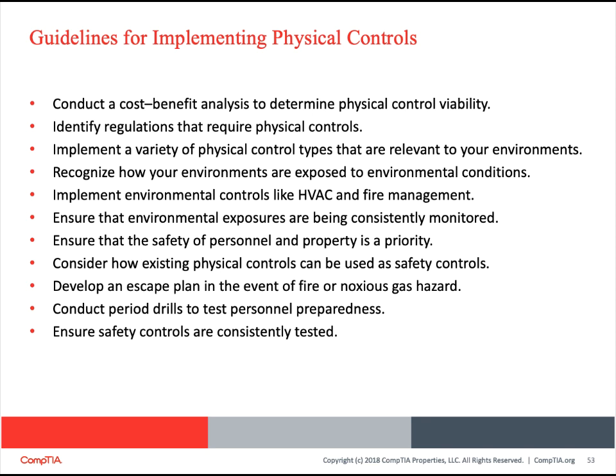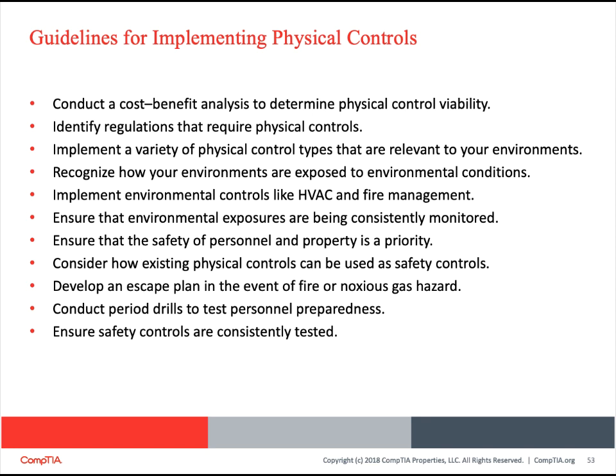Identify any regulations that require certain physical controls. So you may have regulations in place that are going to decide how you need to control personally identifiable information, health information, biometric information, etc. Implement a wide variety of physical control types that are appropriate to your facilities and other environments.